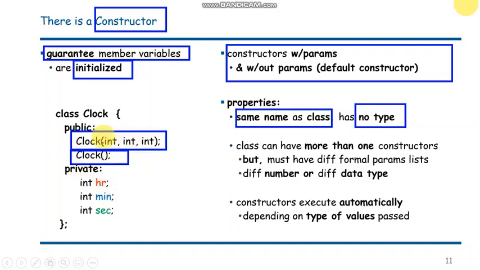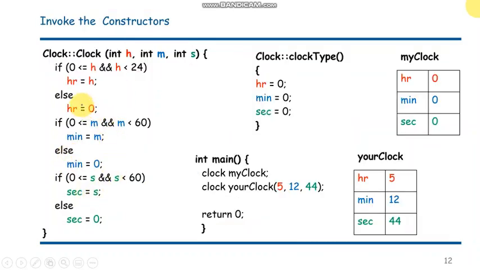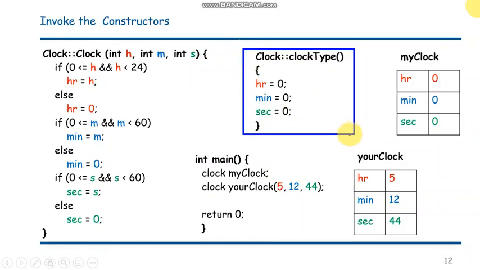What we have to know about constructors is that they are executed automatically, but it depends on the type of values that you supply to it. Let us see how we use the constructor with parameters and the constructor without parameters. Let us start with the constructor without parameters, which we call a default constructor.